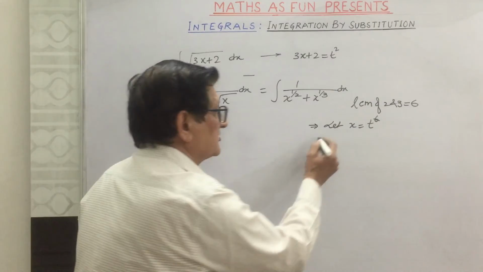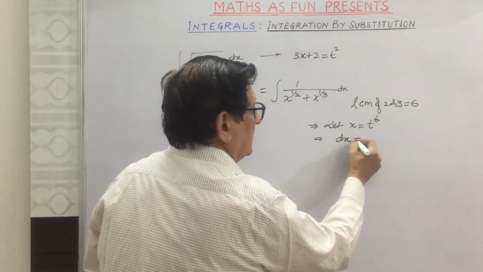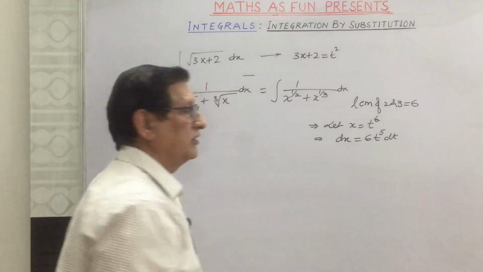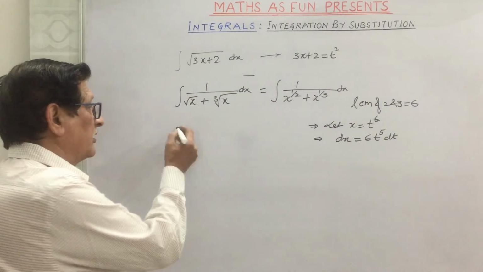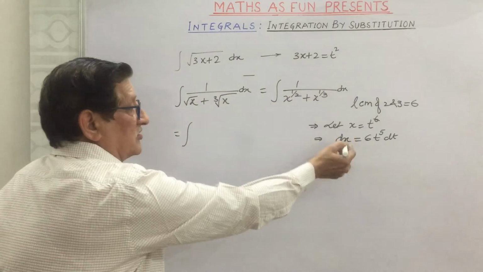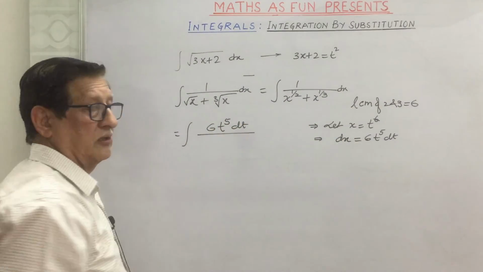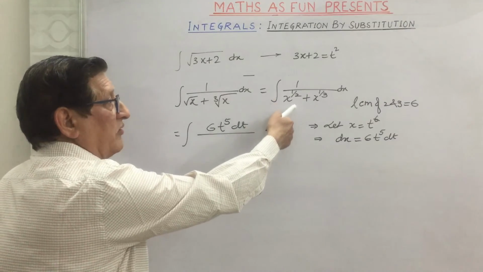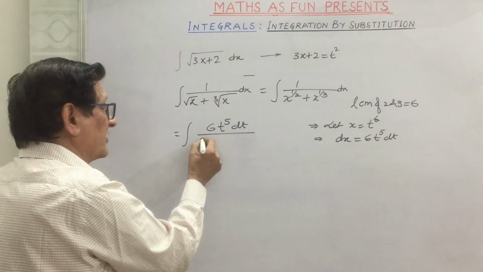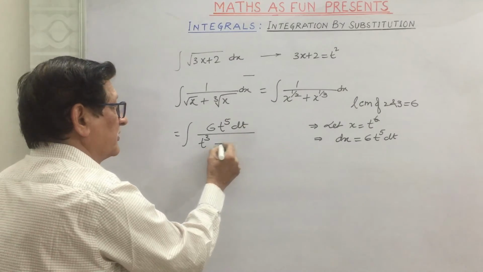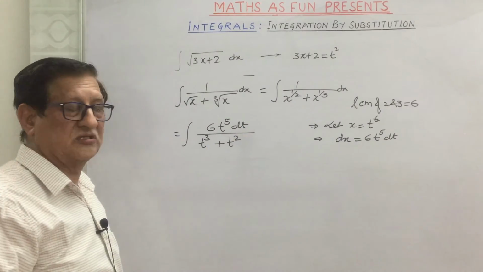When we differentiate this, this will give you dx is equal to 6t power 5 into dt. Then what we can write, this dx is 6t to the power 5 dt, and here x power half, can we write this as t cube? X power 1 by 3, can we write this as t square?